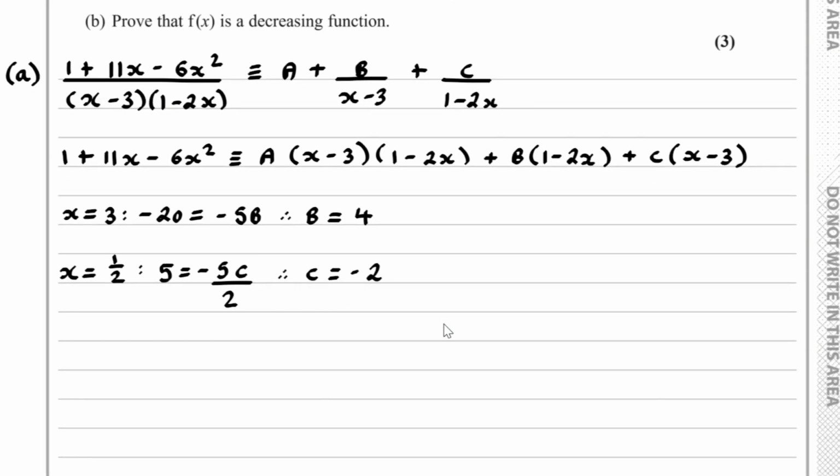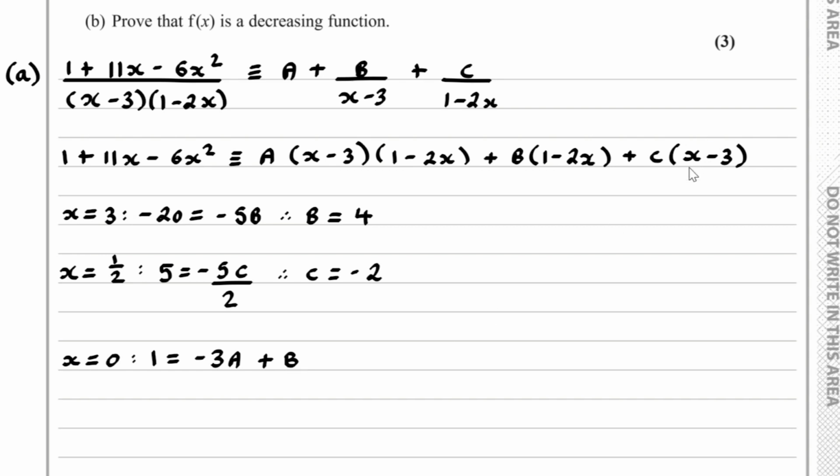Now, I can choose any value of x I want now. It's easiest to choose x equals 0, because a lot of terms will disappear then. On the left hand side, I'm just left with 1. On the right hand side, I have a times, well here I've got minus 3 times 1, so that's minus 3a. Here I've got b times 1.